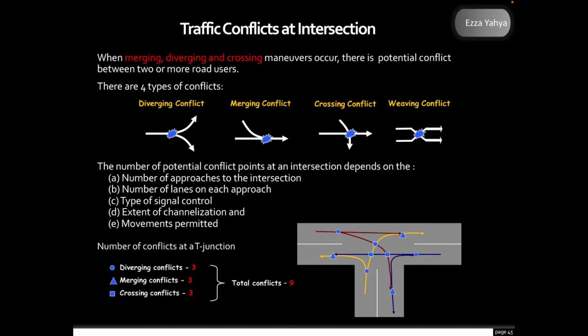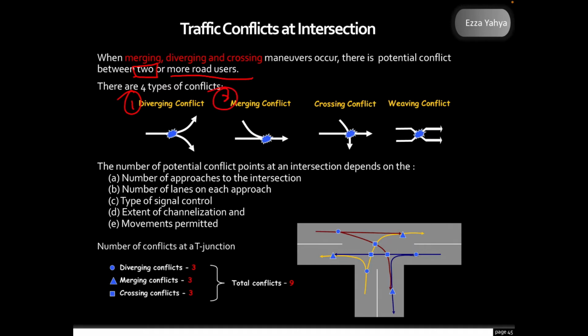Traffic conflicts at intersection occur when the merging, diverging and crossing maneuver occur. This is a potential conflict between two or more road users. There are four types of conflict.